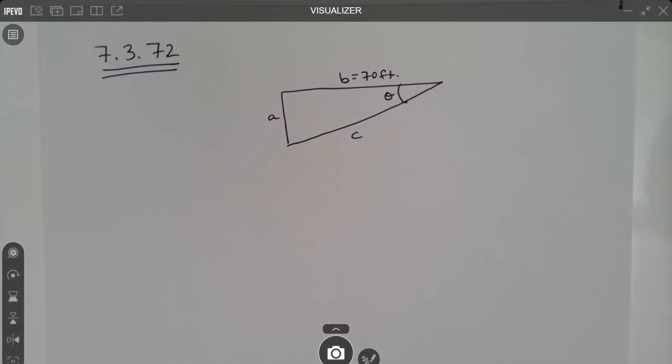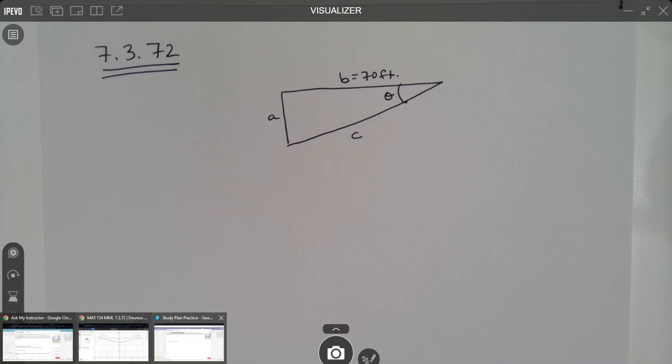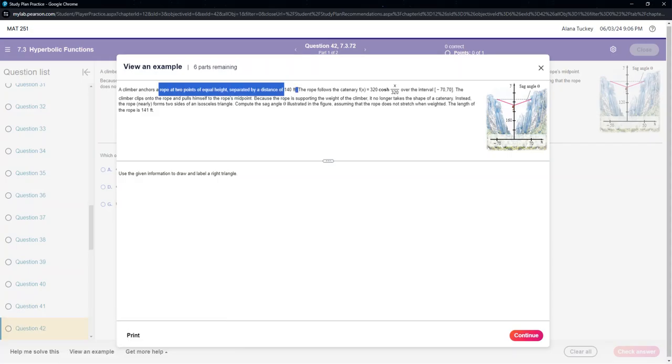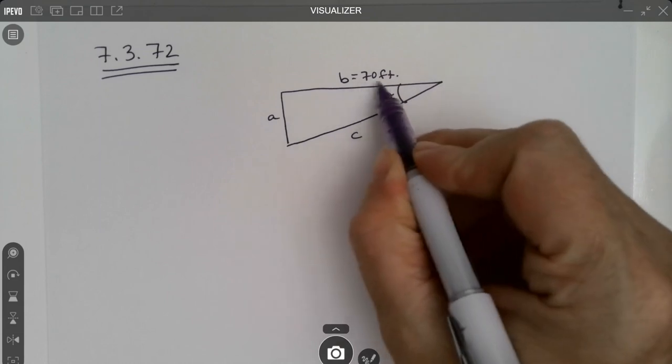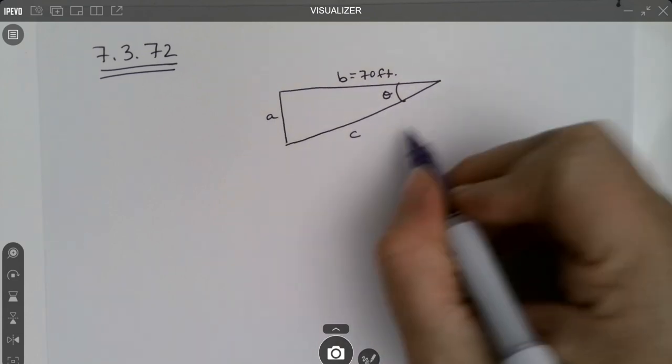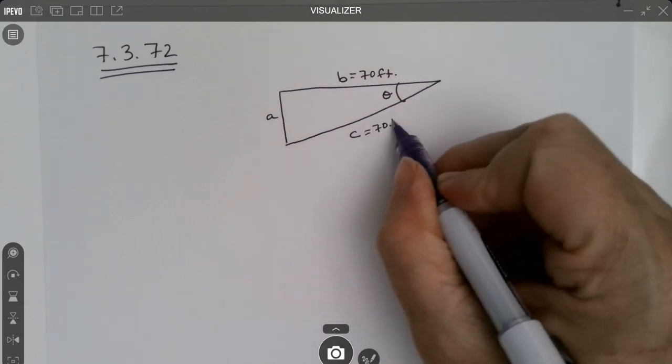But then they tell us that the rope is 141 feet and it's stretched taut. So it's 141 feet and there's no stretch when it's weighted. So if the rope is 141 feet, then the hypotenuse of the triangle can also be figured out, because half of 140 makes 70 and half of 141 makes 70.5.